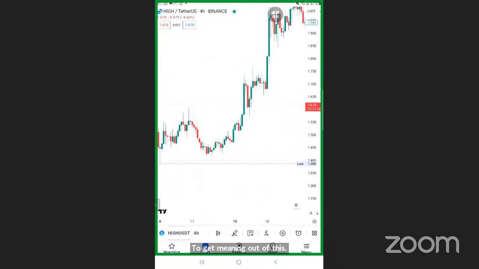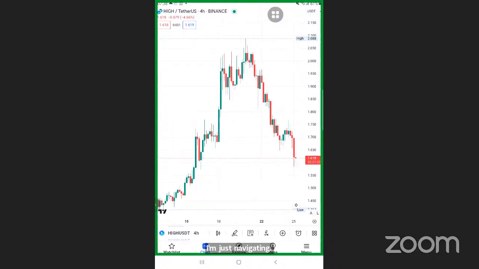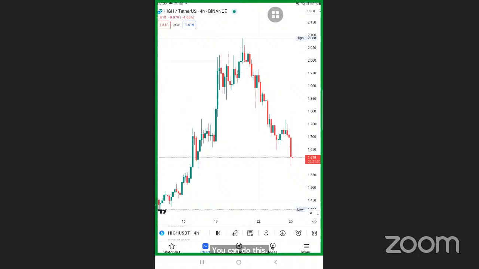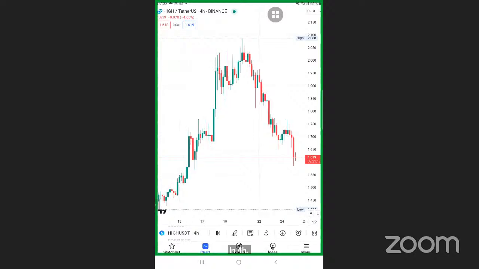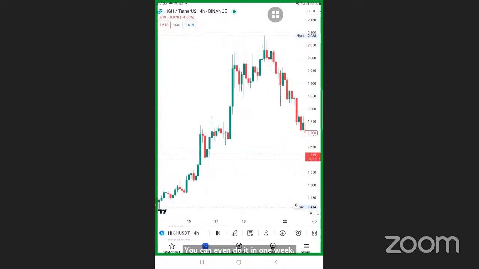You can do this. Take time, go to your TradingView, look at the types of candles that are forming, especially in one day, in 4 hours. You can even do it in 1 week. But take time.